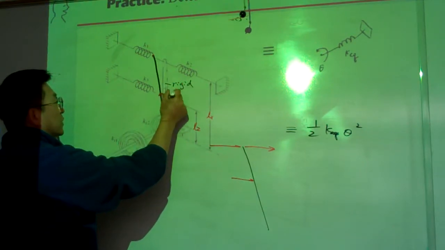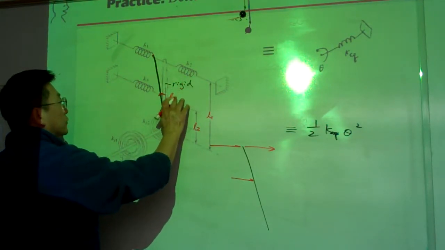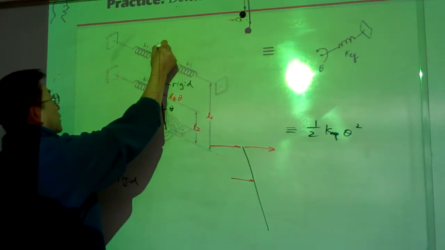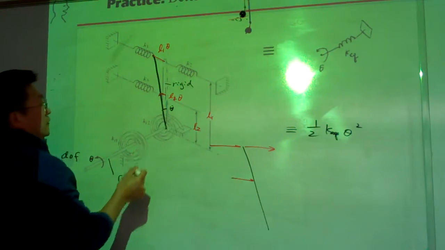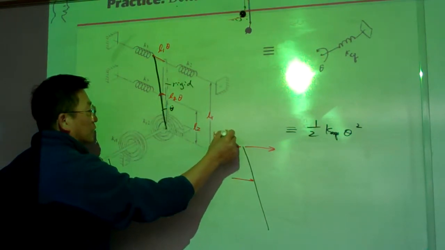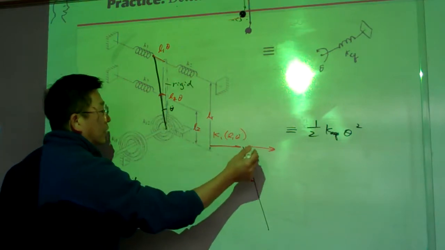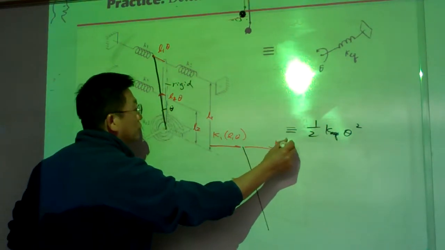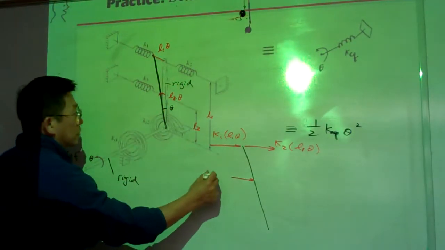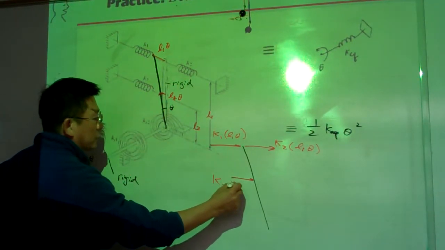So this displacement equal to L2 times theta, and this displacement is L1 times theta. Okay, so basically this spring force equal to K1 times L1 theta, and this one is K2 times L1 theta, and this spring force is K2 times L2 theta.